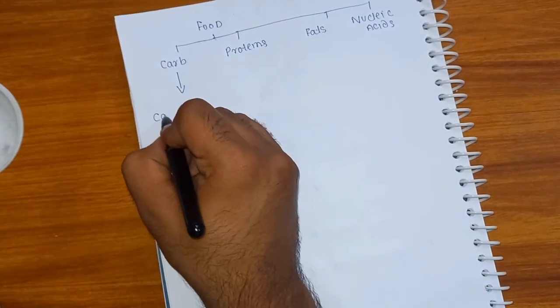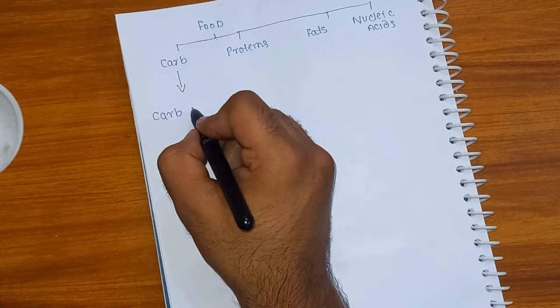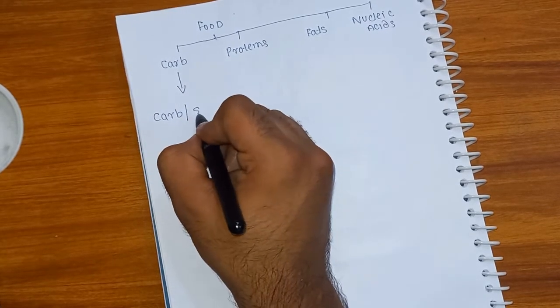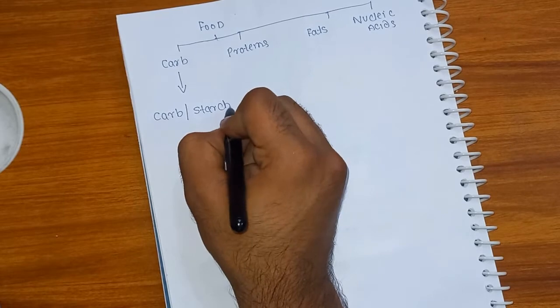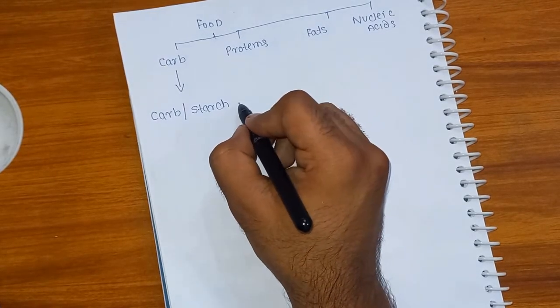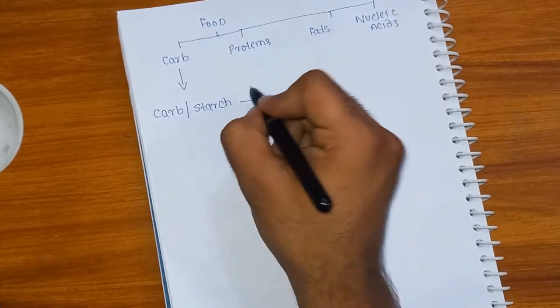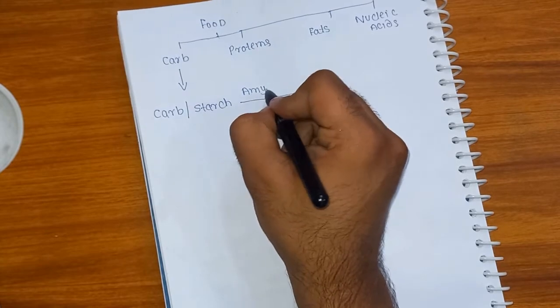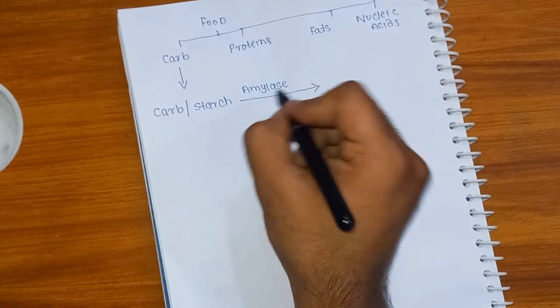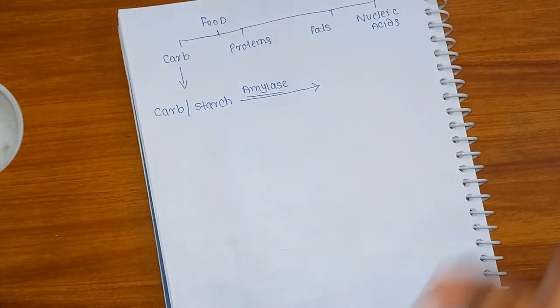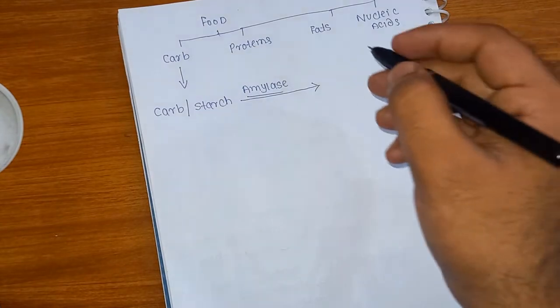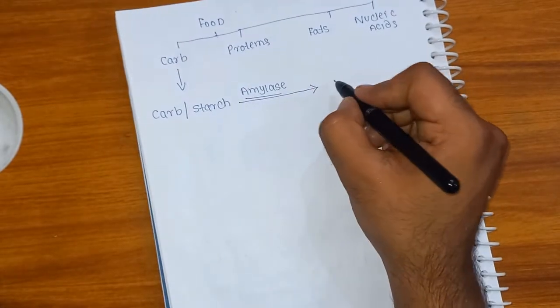Carbohydrates are mainly present in the form of starch, as we usually eat plants. So first it's acted upon by amylase, which is present in saliva and in pancreatic secretions. Amylase converts it into a disaccharide.